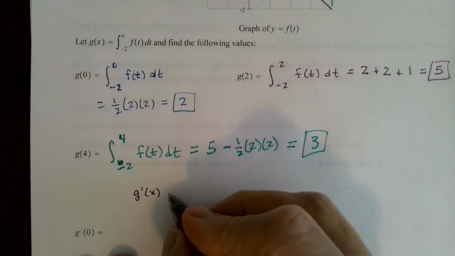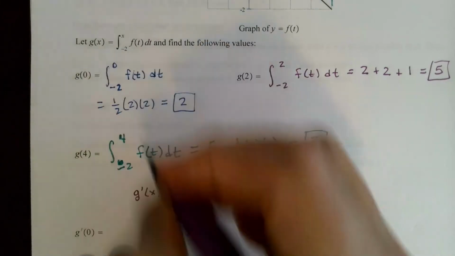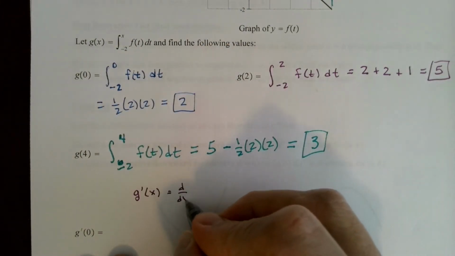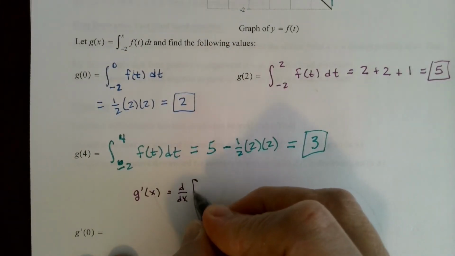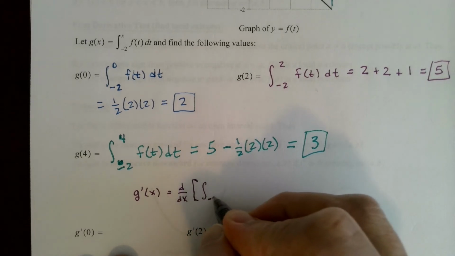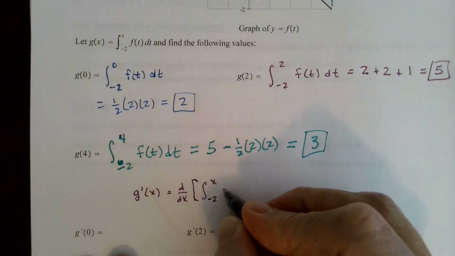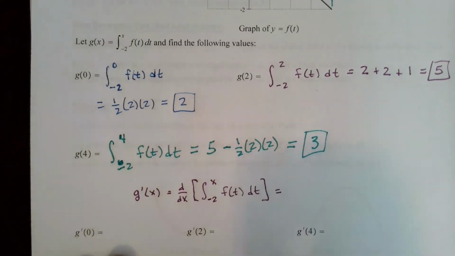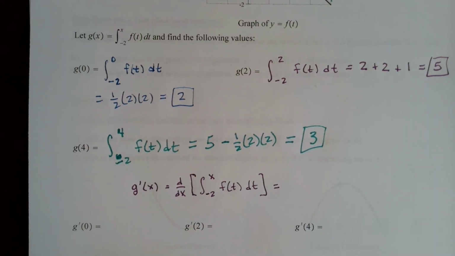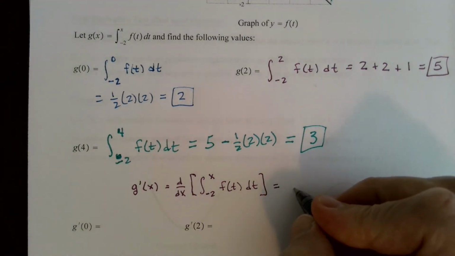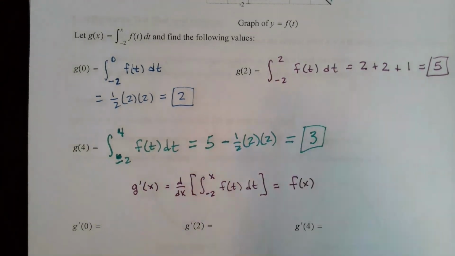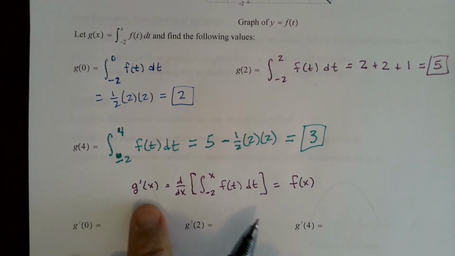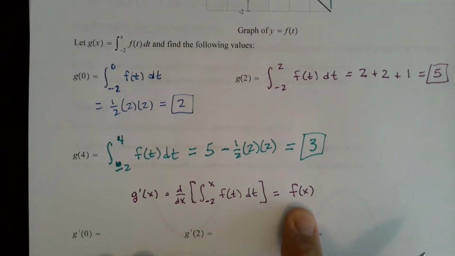Well, if this is g of x, then this is the derivative with respect to x of the integral from -2, a constant, to x, f of t dt. And we know what this is, right? By the fundamental theorem of calculus, that's part 2. We just proved that in the first video. This is just f of x.